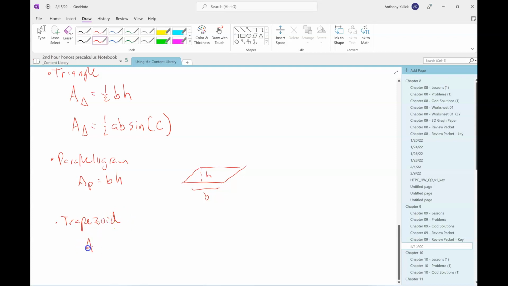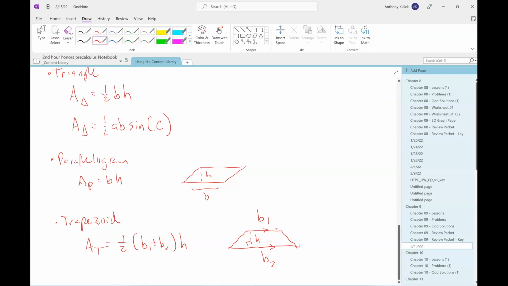How about a trapezoid? It's the average of the two bases times the height. Remember, in a trapezoid, the bases are the parallel pieces.